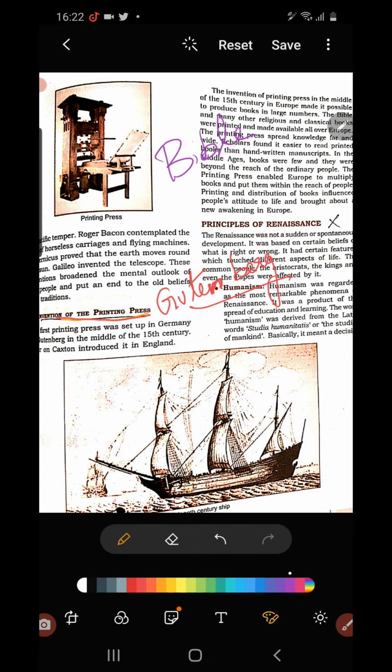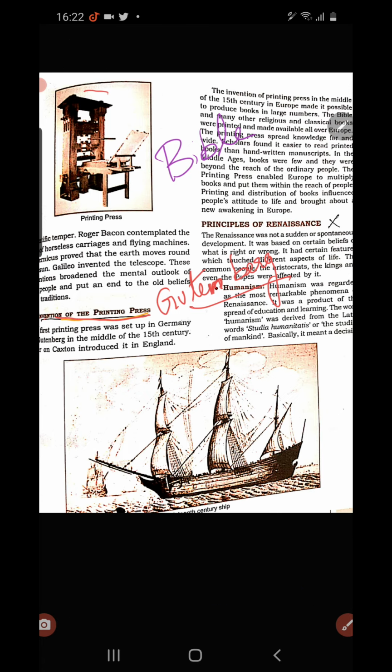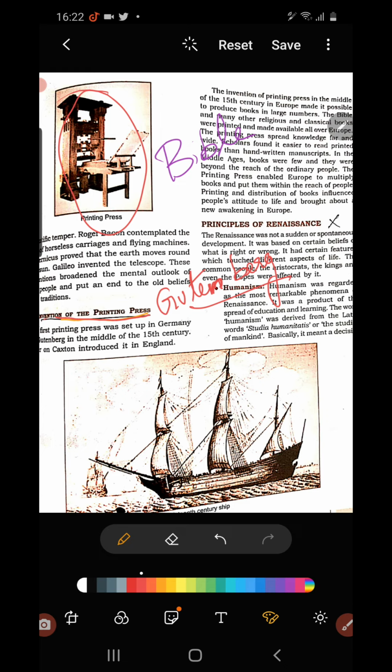But once the printing press was invented, a number of copies could be made at a time. So now these books could reach the hands of the people at a very cheap rate. Since it could be accessed cheaply, common people started reading all kinds of books, especially the Bible.